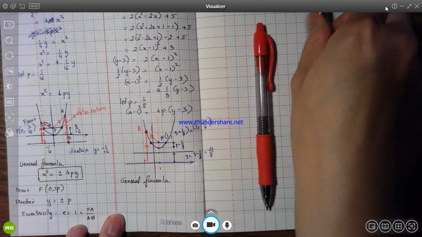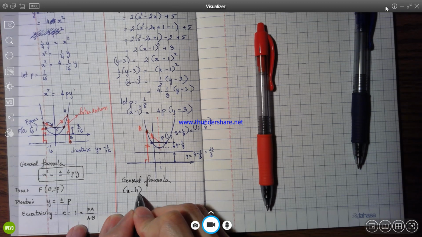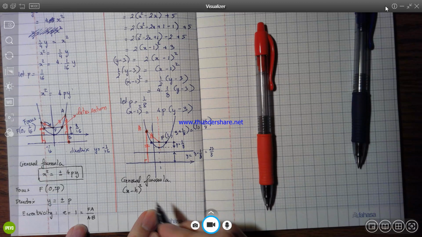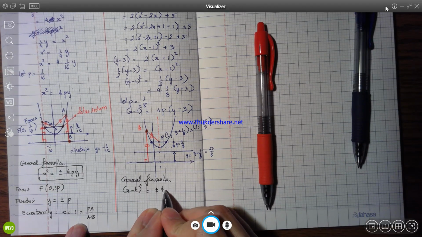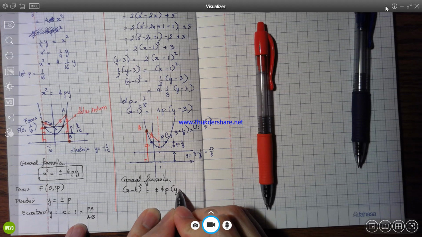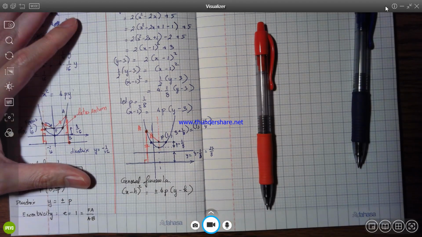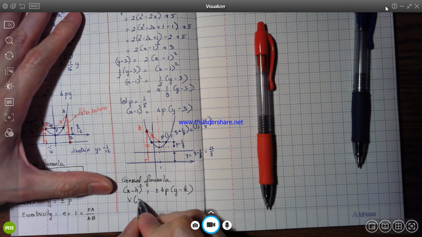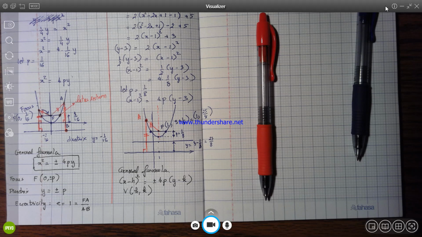My general formula will be (x minus h) squared equals plus or minus 4p times (y minus k), and the vertex will be (h, k).